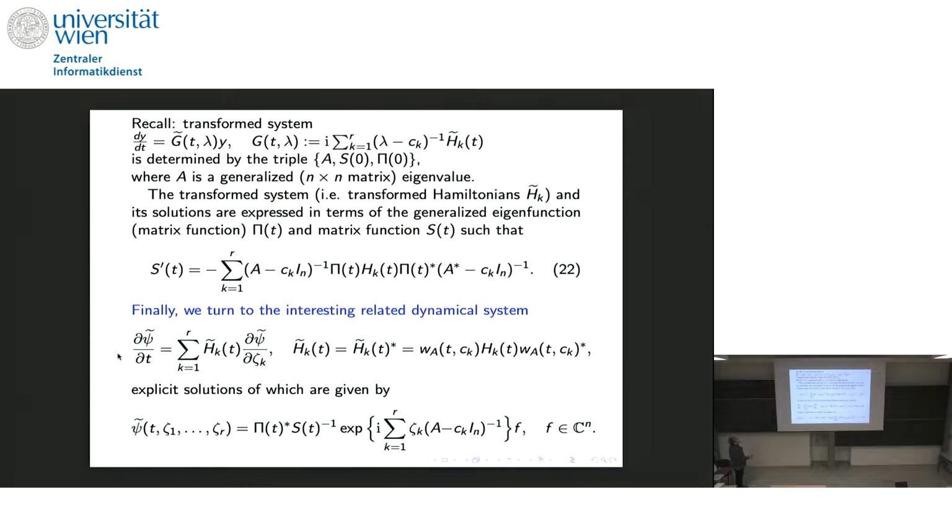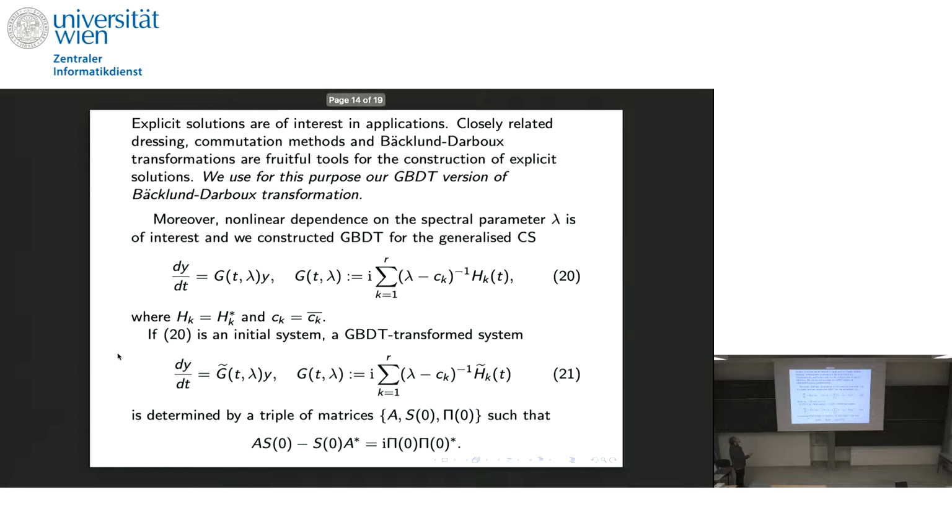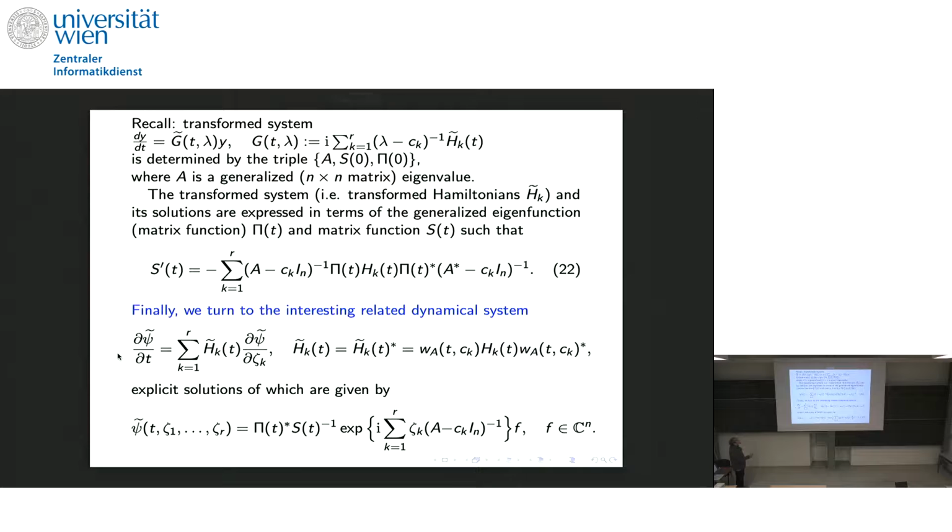The transformed system, that is the transformed Hamiltonian H sub k with tilde, and the solutions of this transformed system are expressed in terms of the generalized eigenfunction pi of t and the matrix function S of t, which is expressed via pi of t.